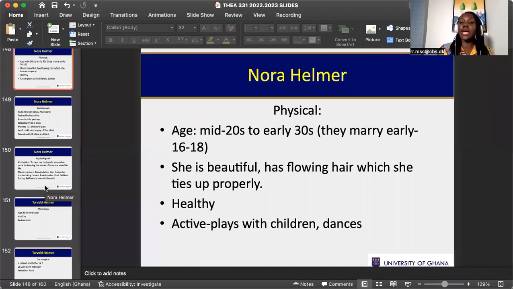She has flowing hair, which she normally ties up, and that is why it comes loose when she dances wildly. And we know she's healthy because there is no mention of any disease she's suffering. And she's very active. She plays with her children. She runs around the room with her children and she dances as well. So we know that she's physically active.